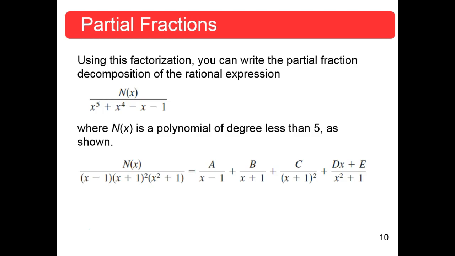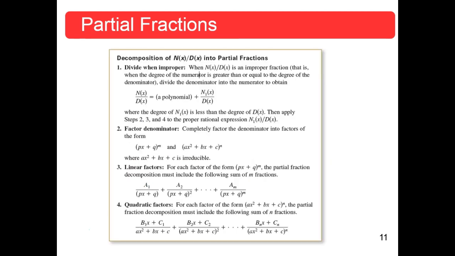Okay? So, here is the procedure for the decomposition of these partial fractions. Now, if that numerator turns out to be of higher degree than the denominator, in other words, that makes it an improper rational expression. I don't want to call it a fraction. They're not fractions, they're rational expressions.